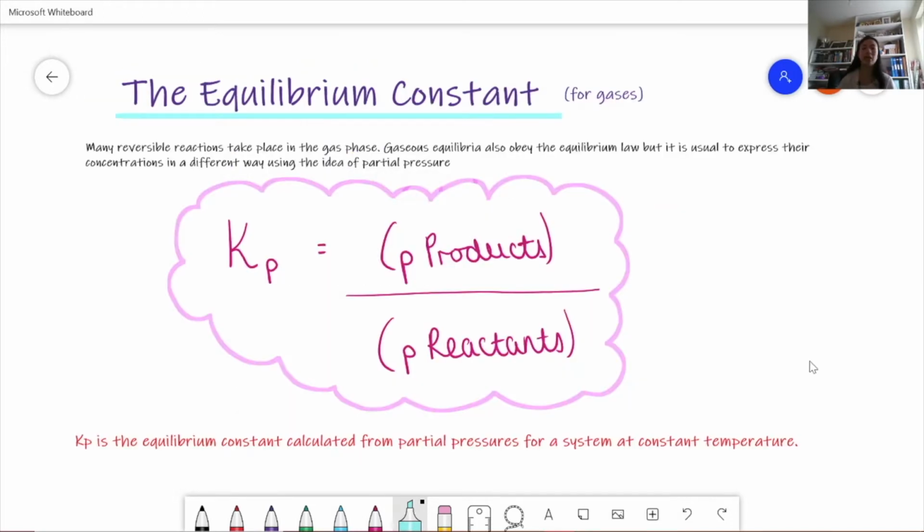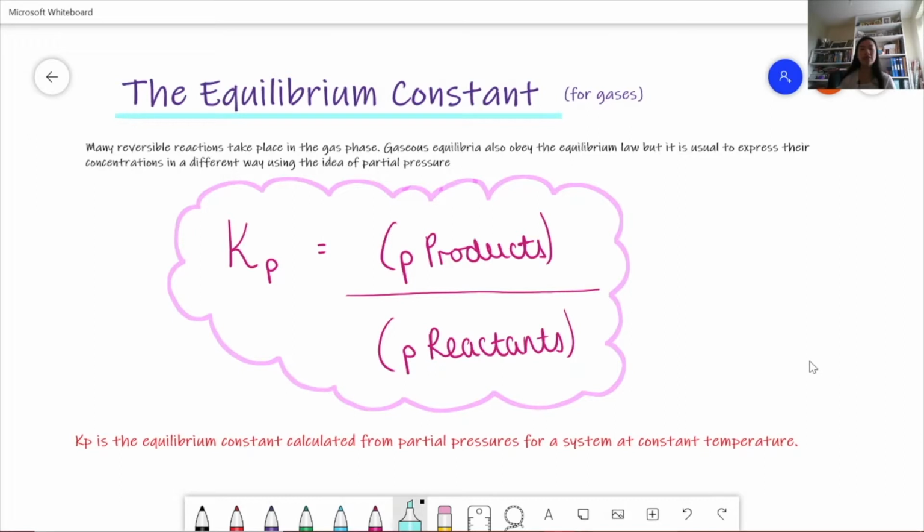Kp is the equilibrium constant for gases. Many reversible reactions take place in the gas phase, and gaseous equilibria also obey the equilibrium law, but it's usual to express their concentrations in a different way. Instead of having the equilibrium moles and then the concentrations, we have partial pressure instead.